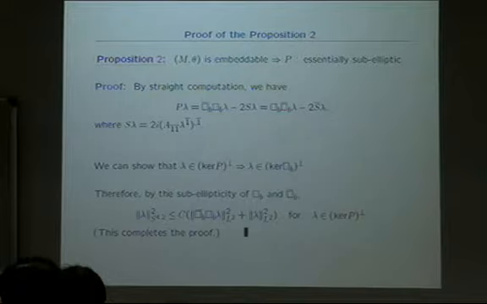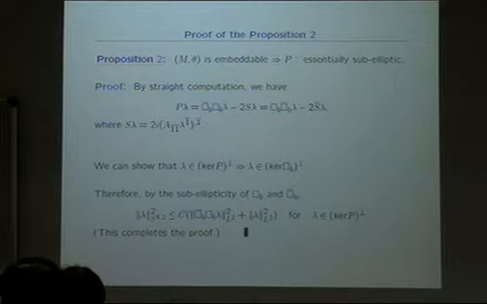But by the definition of the CR-Paneitz operator, it is known that if a function is orthogonal to kernel P, then the function is automatically orthogonal to kernel box b too. So we can use subellipticity of box b and box b bar for this function.